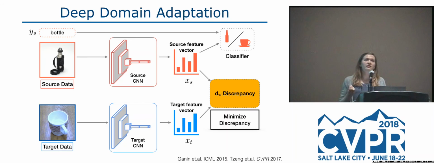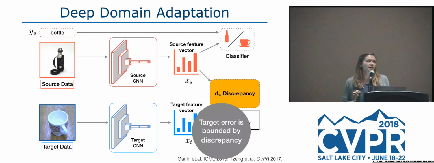And I'm going to go into a little bit of technical detail as to what that is in just a second. But one key piece to note about this is that it has a very nice connection to the theoretical domain adaptation literature, which says that you can upper bound, probabilistically, the error that you expect in your target according to a function of this notion of discrepancy.